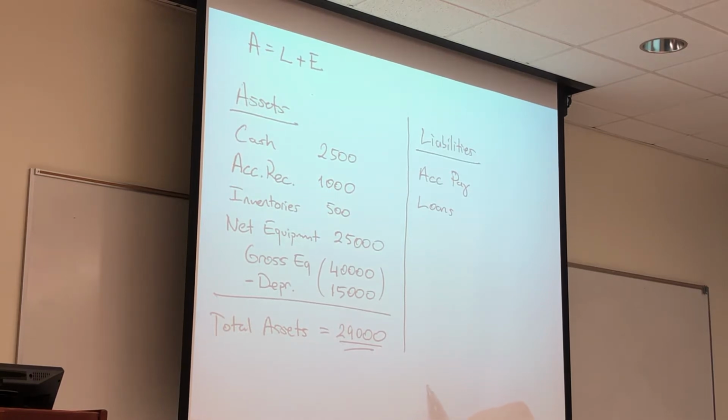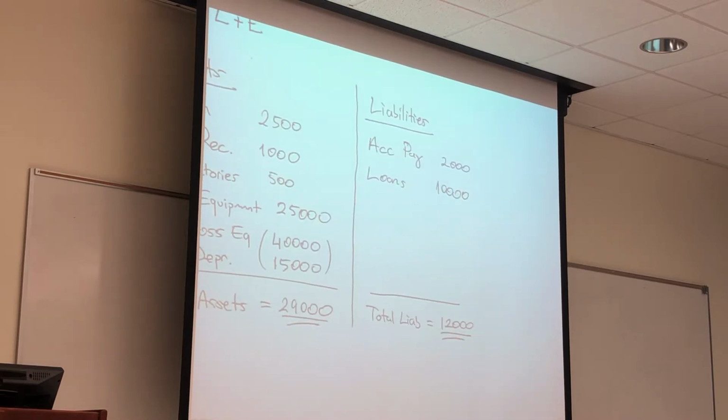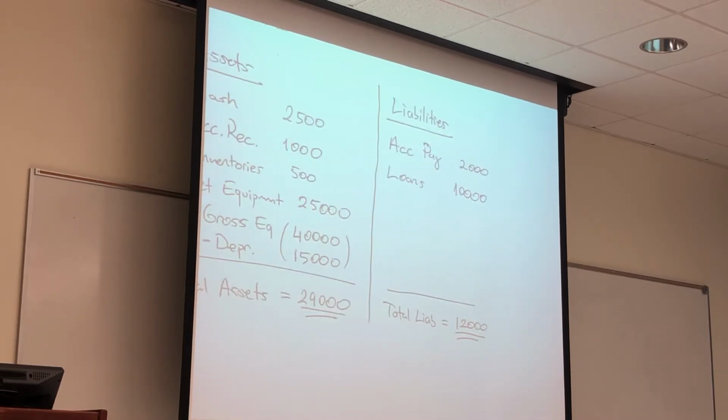The loans is given as 10,000, and the accounts payable is given as 2,000. That's it. Total liabilities. So it'll be equal to 12,000. Right? So now that we did these two, we know that our equity must be equal to 17,000. Right?